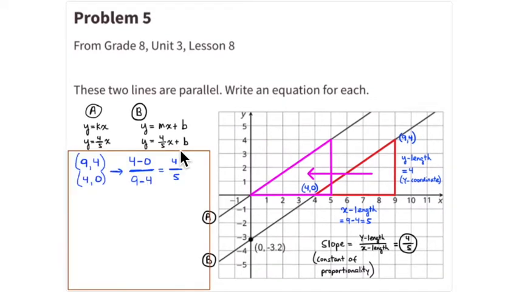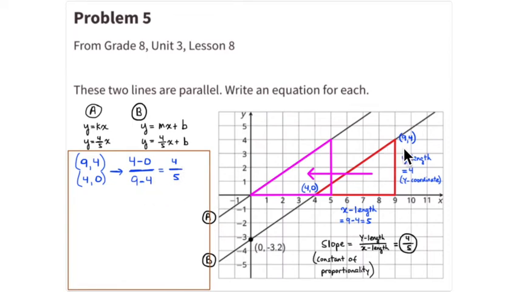But let's go on a little bit. Let's review how you make those calculations and how to solve this problem in a slightly different way. Using these 2 points, 9, 4, this point right here, and this point right here, 4, 0. Again, to calculate the slope, it's the difference along the y-axis, so that's 4 minus 0, compared to the difference along the x-axis, or the horizontal length.